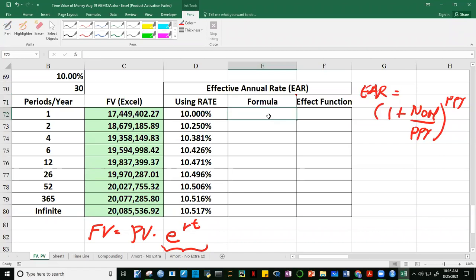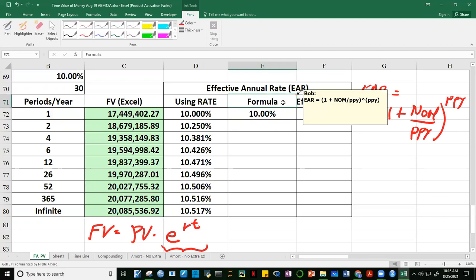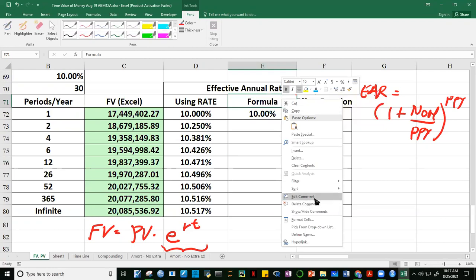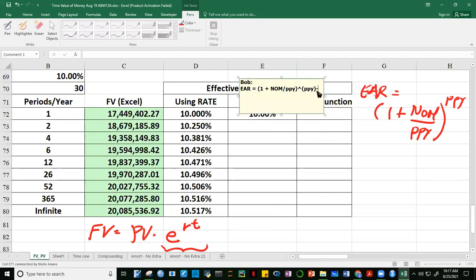Okay, so let's apply this. Is equal to 1 plus, our nominal rate is 10%. We can fix this. And then, sorry, raised to the periods per year, this one. Yung compounding natin per year, raised to the periods per year. There. So that's how we can compute for the effective annual return. And then, syempre, may minus 1 pa pala to. Sorry, minus 1. Okay, so ayusin lang natin formula natin dito. Edit comment. Okay. May minus 1 to guys, ha? Minus 1.